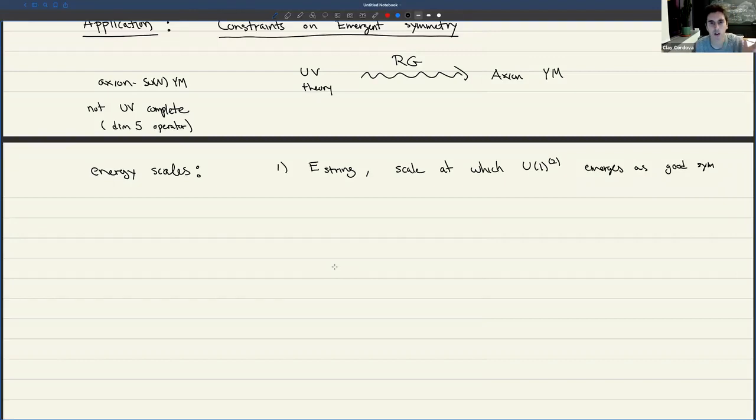So we have a flow. We know we get to axion Yang-Mills at long distances. We know that the two-form string symmetry is a symmetry of axion Yang-Mills. So we can say there's some energy scale at which that symmetry becomes approximately valid. Now we can say a similar thing for another scale. I'll call it E screen. This is the scale at which the Zn one-form symmetry emerges.